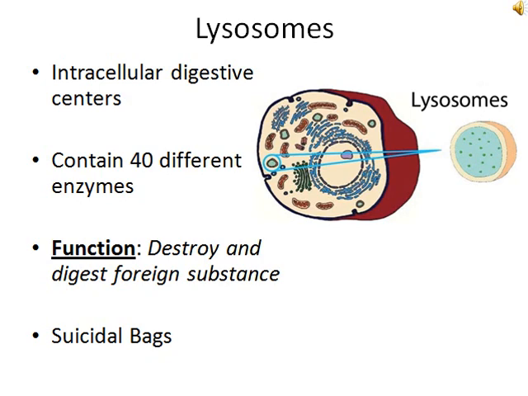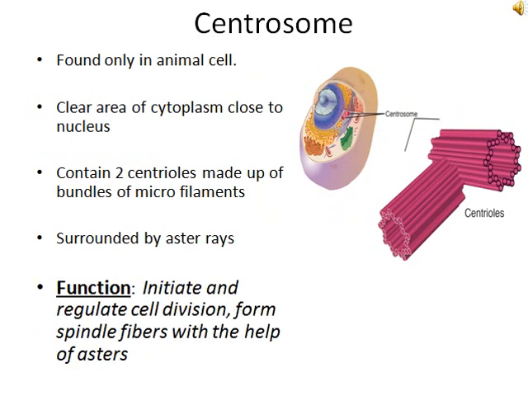It is a clear area of cytoplasm close to the nucleus. It contains two centrioles made up of bundles of microfilaments. It is surrounded by aster rays. Its main function is to initiate and regulate cell division and form spindle fibers with the help of asters.